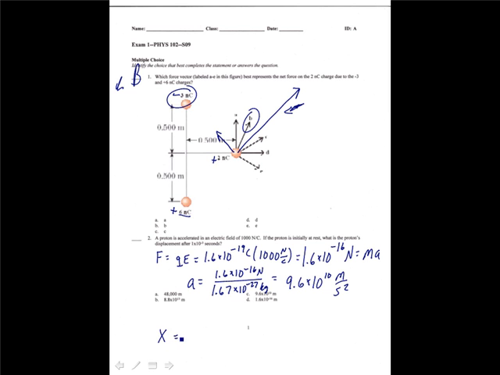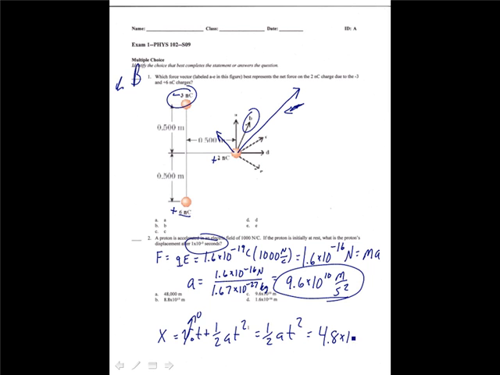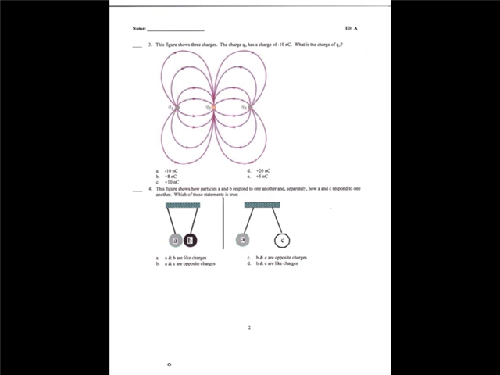Well, displacement is equal to v0t plus 1/2 at squared, but it says it's initially at rest, so v0 is 0, so this is just 1/2 of a, given here, times t squared, which is 1 × 10⁻3, and that gives us our displacement of 4.8 × 10⁴ meters. And so that is option A, 48,000 meters.